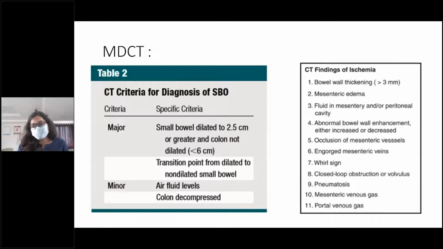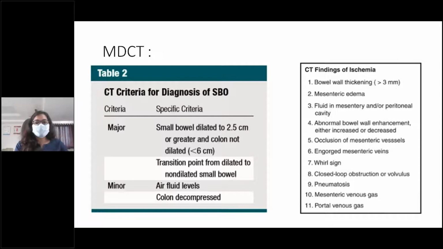abnormal bowel wall enhancement, either increased or decreased. In a normal live bowel, the bowel wall enhancement will be normal. And if the bowel wall enhancement is absent or decreased, we have to suspect ischemia.